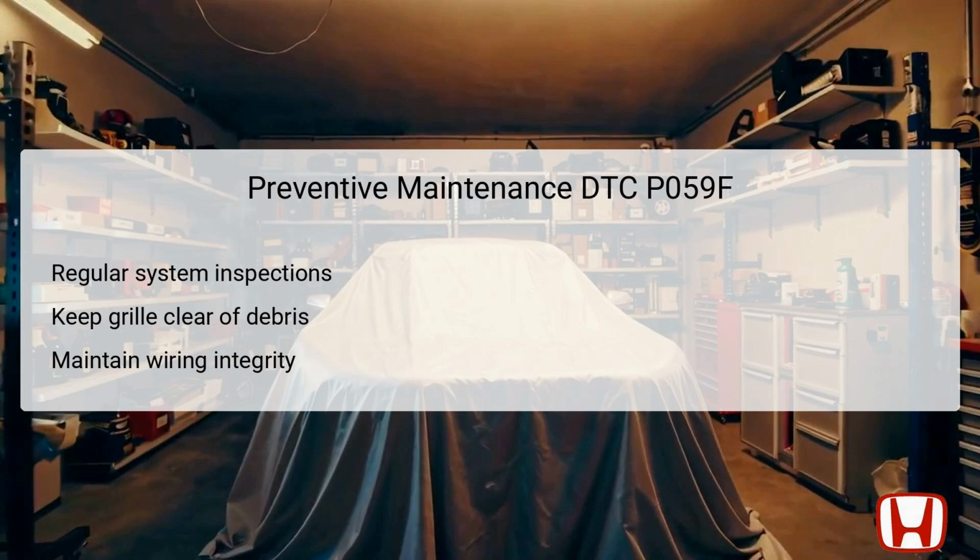It's also important to ensure that the grille remains free of any debris that may obstruct airflow and disrupt the function of the actuator. Additionally, maintain the integrity of wiring connections, as loose or corroded connections can precipitate faults. Adopting these maintenance practices will assist in prolonging the life of the shutter grille assembly and overall vehicle performance.